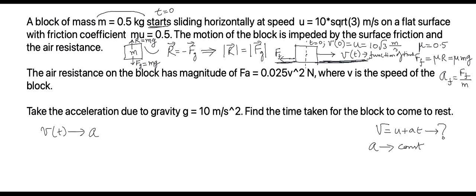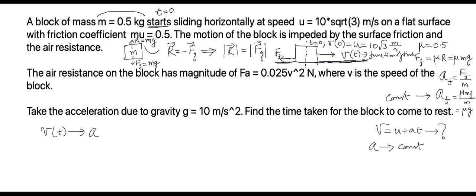So the AF, if you substitute the value, is mu mg divided by m, that is going to be mu g. Do you get that? So the mu value is constant, the g value is constant. That is not time varying. So the frictional deceleration is time independent, it is constant. Do you get that?